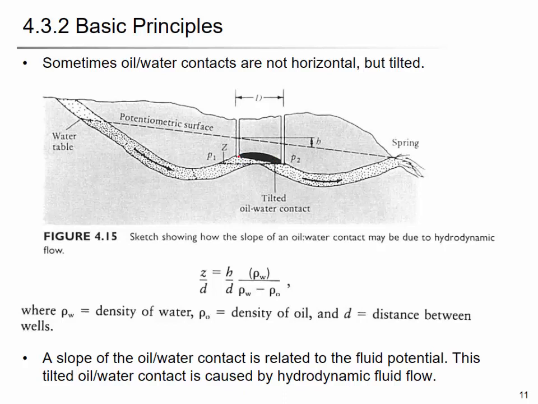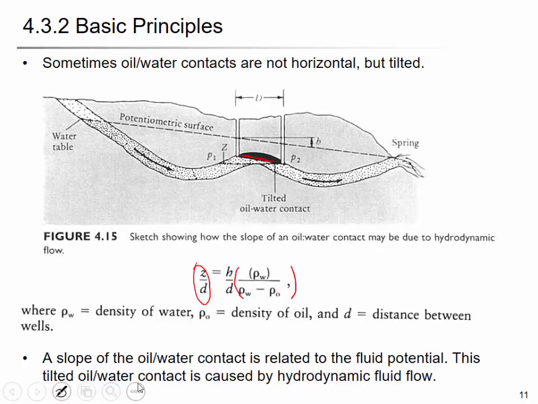And if you find this inclination, C over D, then the inclination will be proportional to this potentiometric surface inclination, so H over D times the density difference here. So the slope of the oil-water contact is related to the fluid potential and also the density difference.